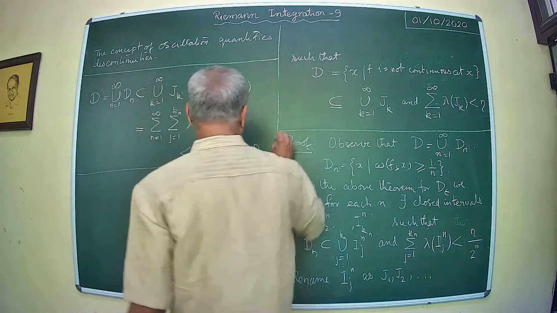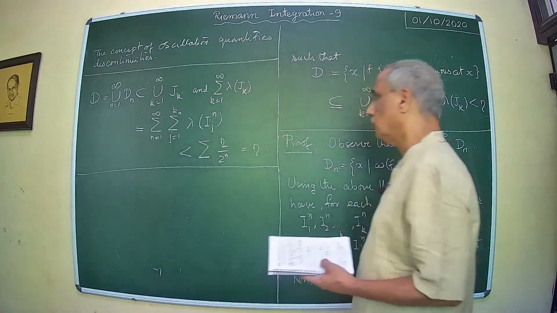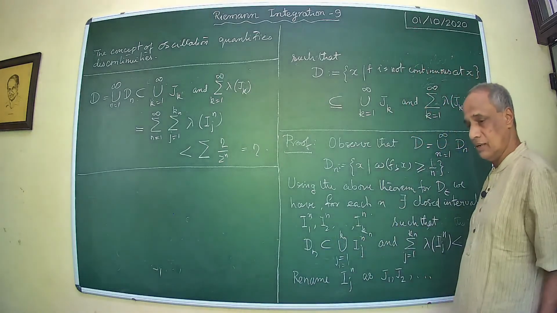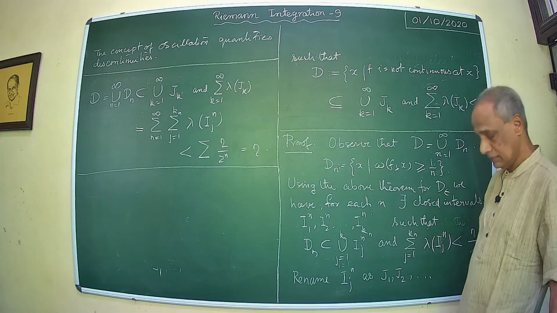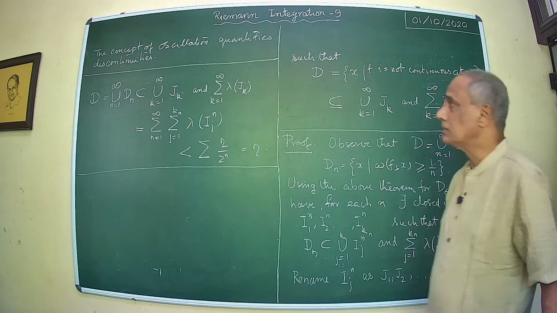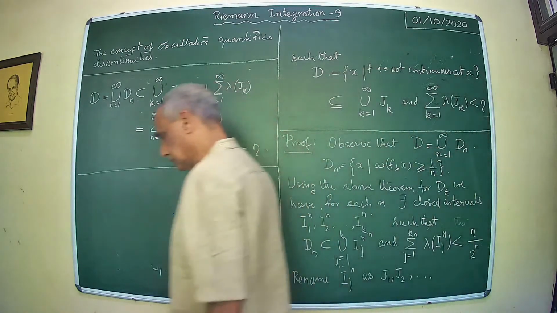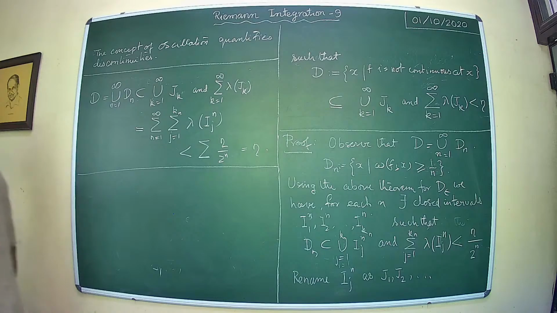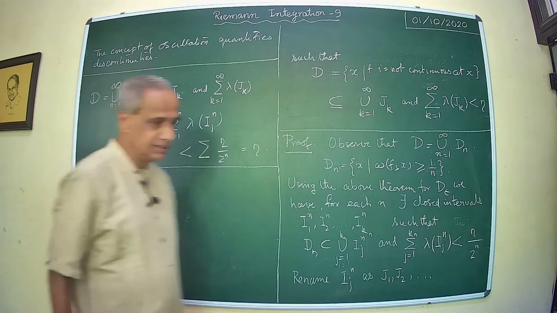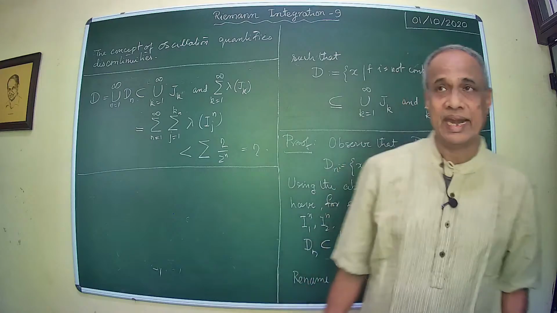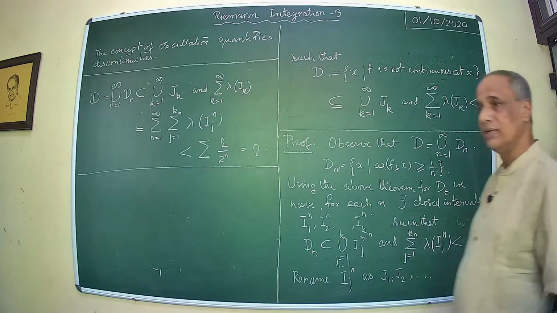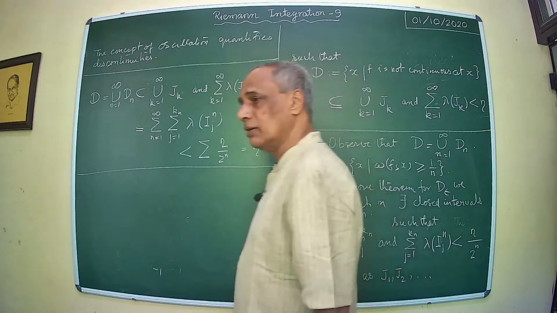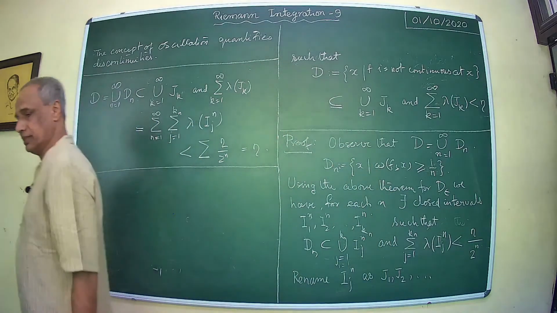Now this completes it. So we got an idea of how large the discontinuities of a Riemann integrable function can be. We made a more incisive study of the discontinuities of the Riemann integrable function.